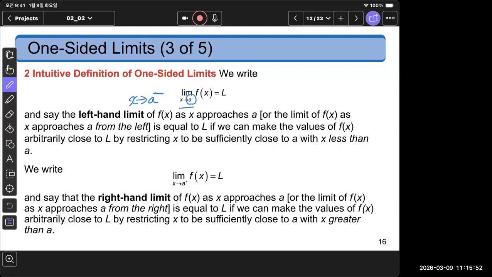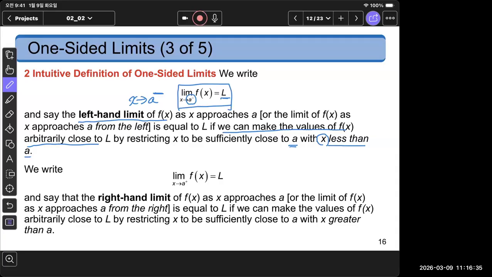This notation implies that we can make the values of f of x arbitrarily close to L by restricting x to be sufficiently close to a, but I want to consider only the left-hand side of a, meaning I want to consider x which are less than a. In that case, we use this notation, and this L is called the left-hand limit of f of x.